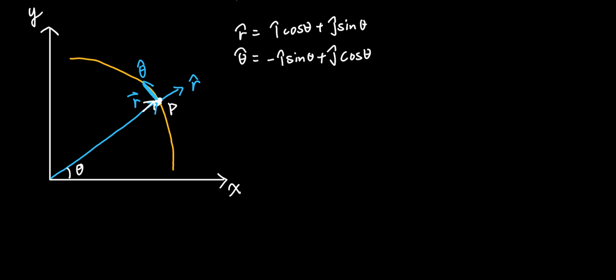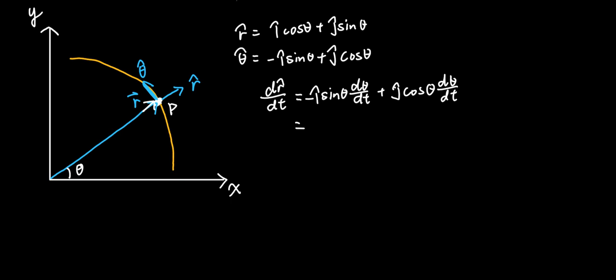Now we are going to take the derivative of r hat and theta hat with respect to time. So d r hat dt is equal to minus i sine theta d theta dt plus j cosine theta d theta dt.